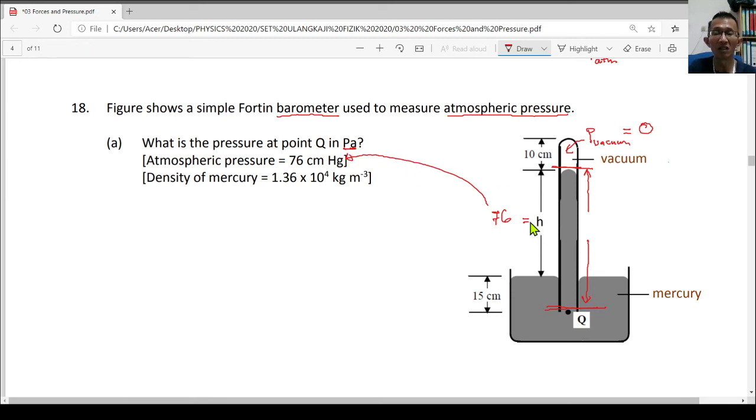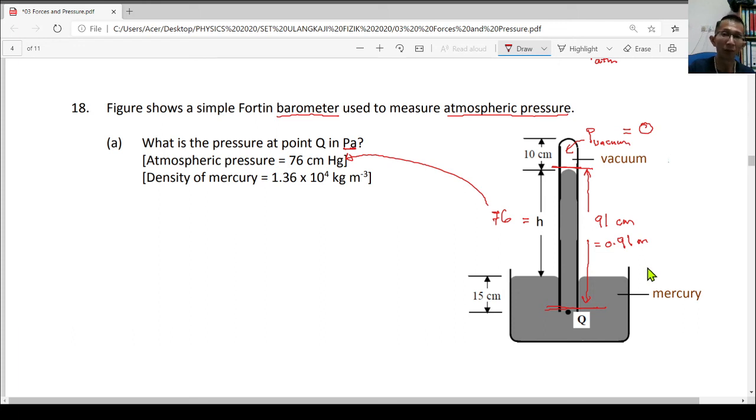So 76 plus 15, correct? That will give you 91 centimeter. So that is 0.91 meter.